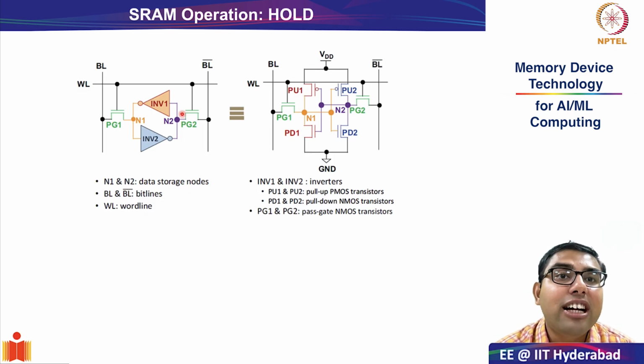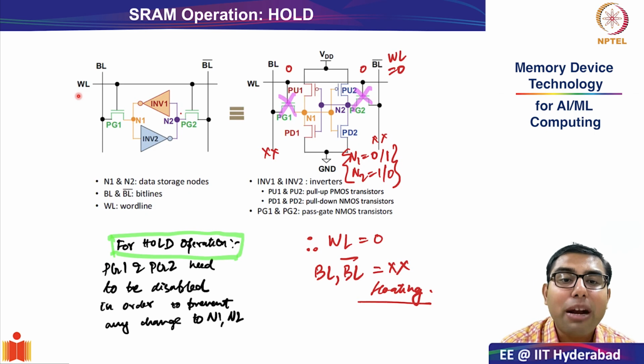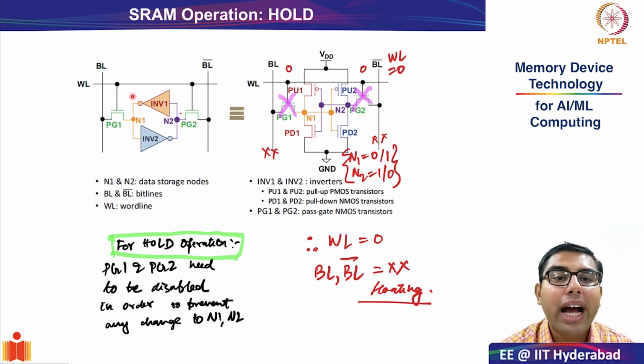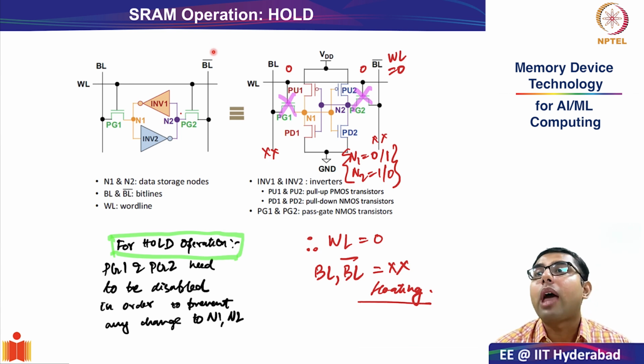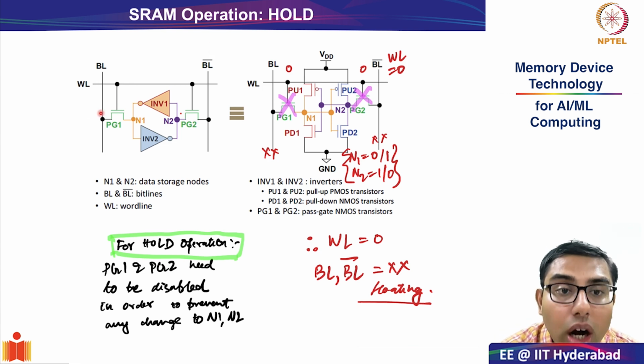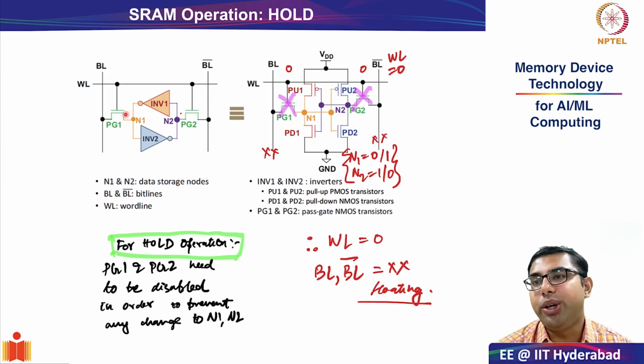It is very logical to understand that this can be done very easily by protecting the values or decoupling the storage nodes N1 and N2 from the outside environment, which is nothing but bitline and bitline bar. You need to isolate N1 and N2 from bitline and bitline bar respectively, and that can be done by turning off PG1 and PG2, right?